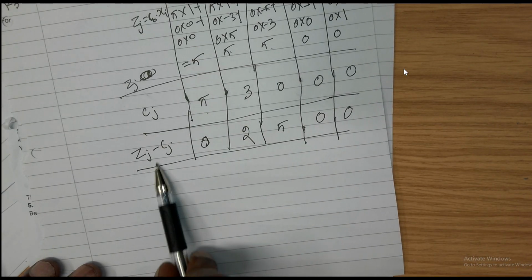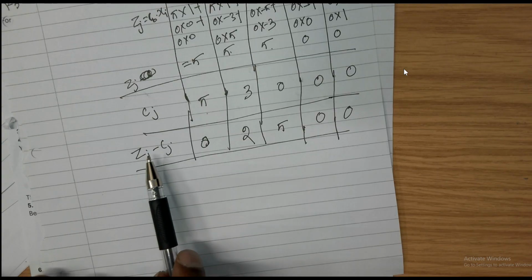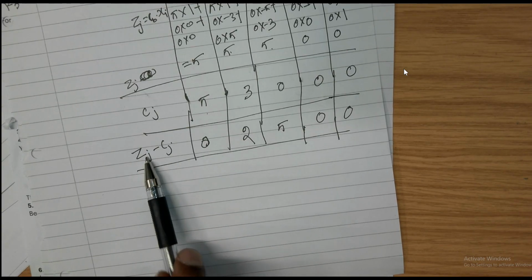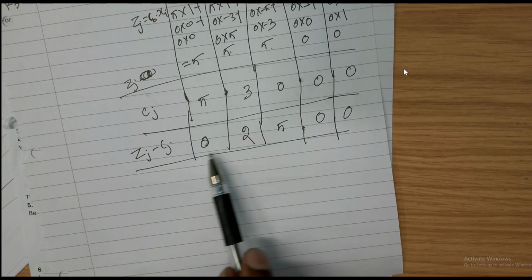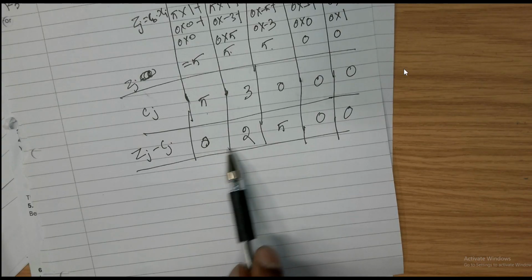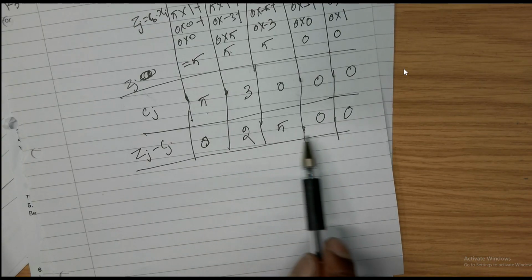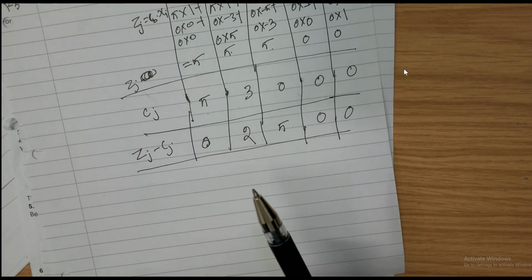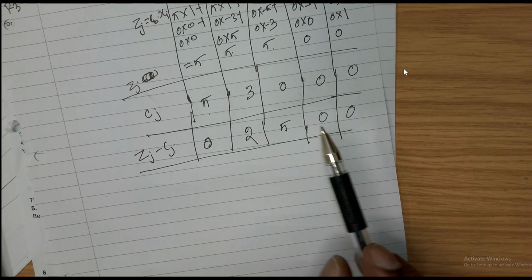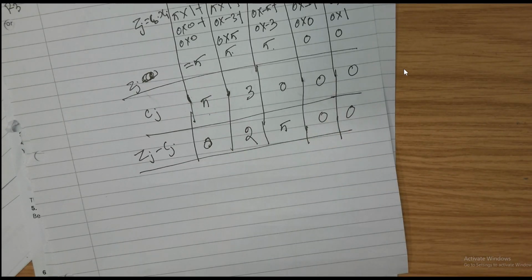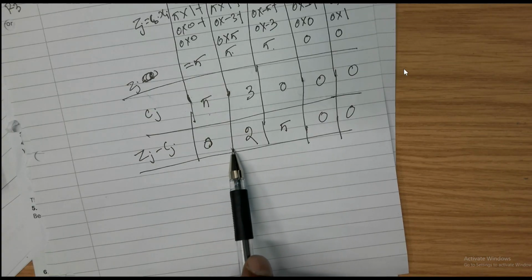Once you realize that all the quantities in this row are positive, we can stop the iterative calculations that we are supposed to perform, which means the problem is almost converged.